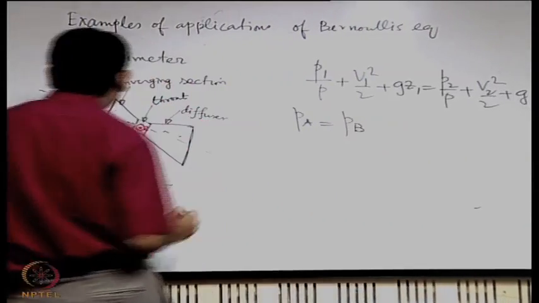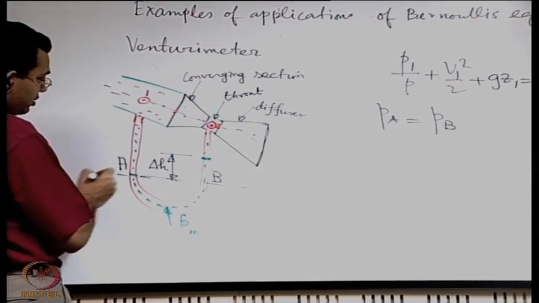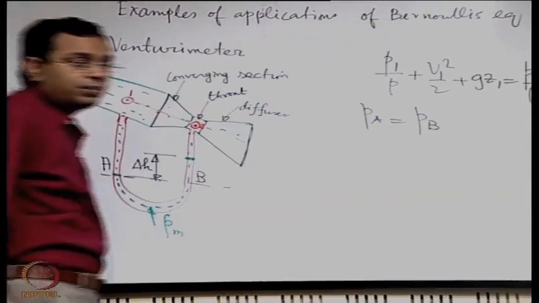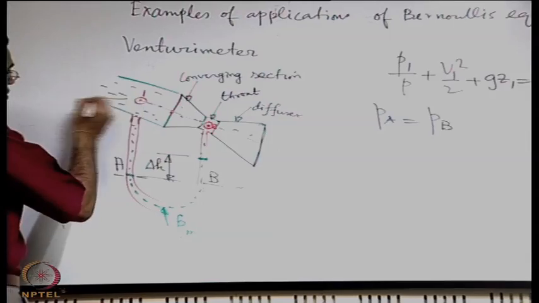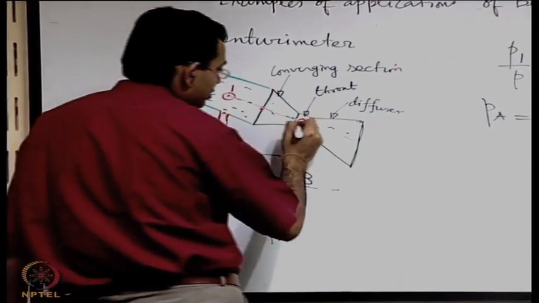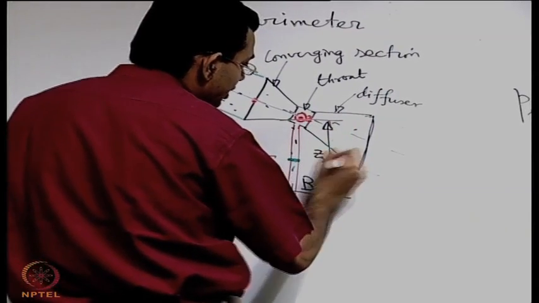So when you write PA equal to PB, let us say this is your reference for measuring Z1 and Z2 in the Bernoulli's equation. So this is your Z1 and this is your Z2. You can use any datum, but this is a convenient datum.